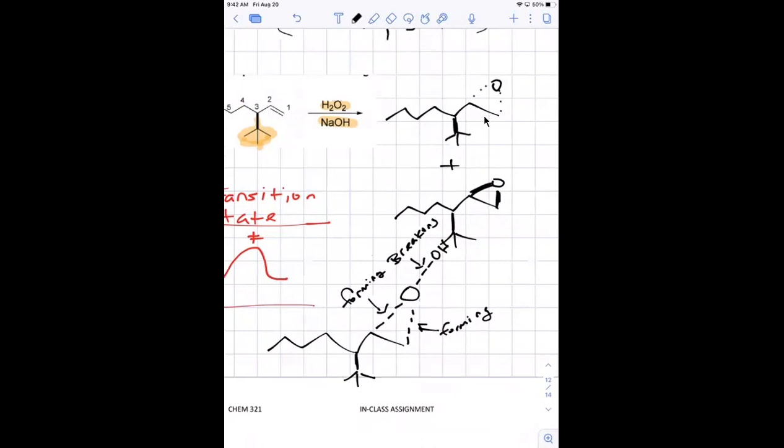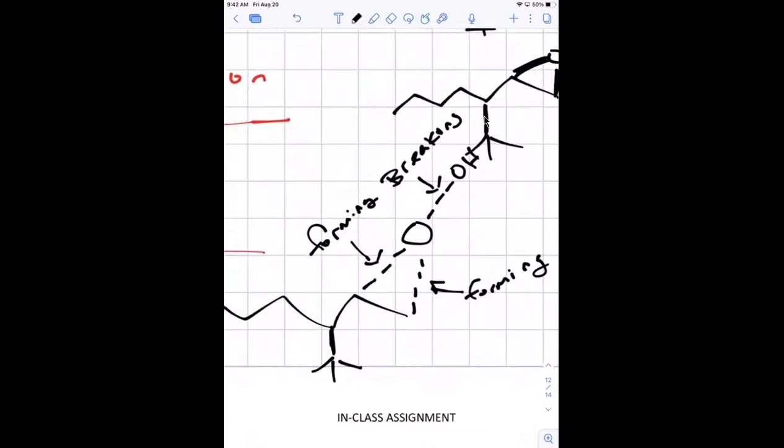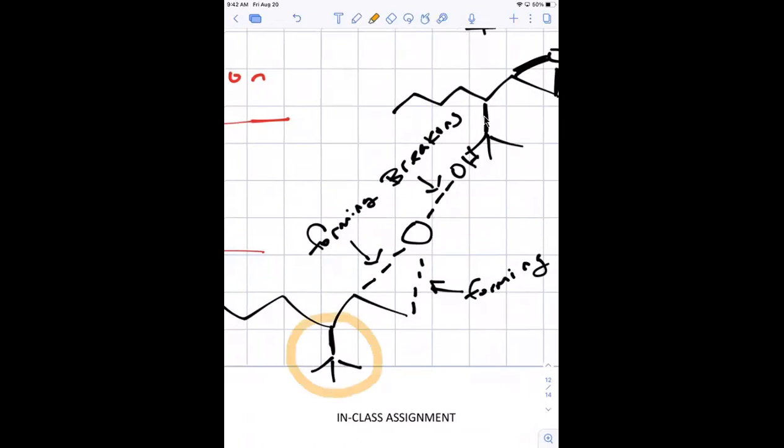peroxide. But the point is, this group right here is going to dictate where that oxygen can come from. It's either going to come from the same side that the group is on, or from the opposite side. So the fact that it's on a wedge, and keep in mind that tert-butyl is a very big substituent, if I bring my oxygen in from the same side, do you think that's good or bad?